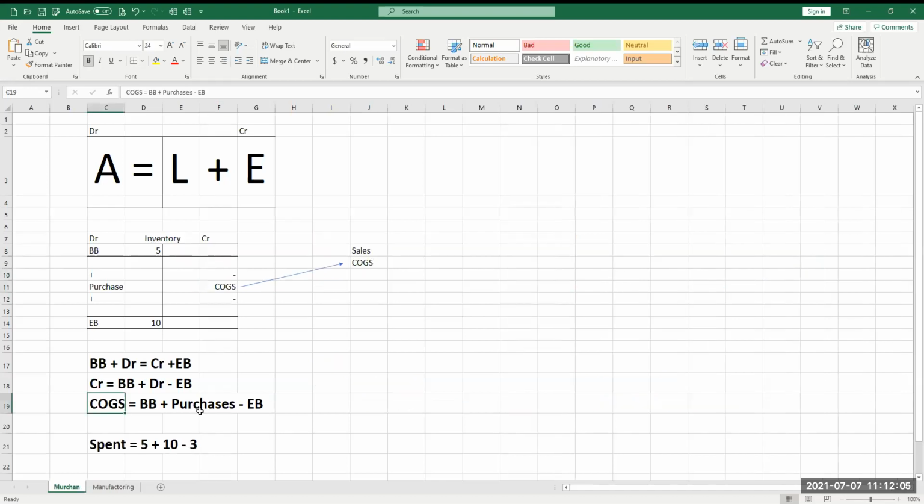So in here, we said sales minus cost of goods sold, correct? Let's put the numbers here. Let's say we're selling for 20. How much is my cost of goods sold in this case? Let's purchase 15. So how much is my cost of goods sold here?